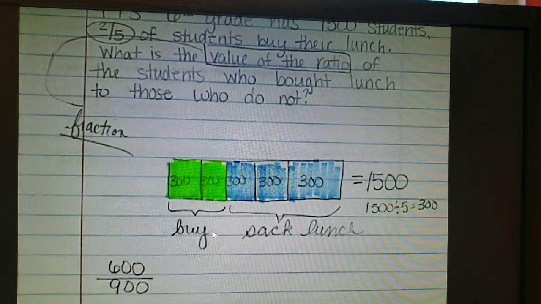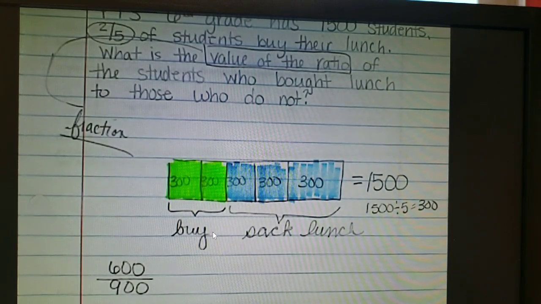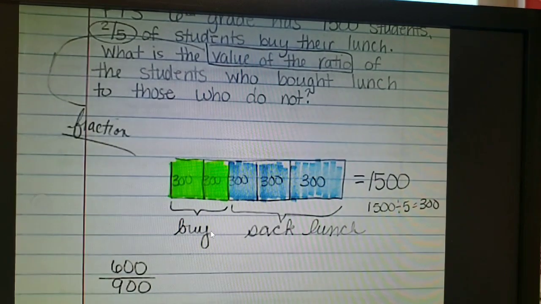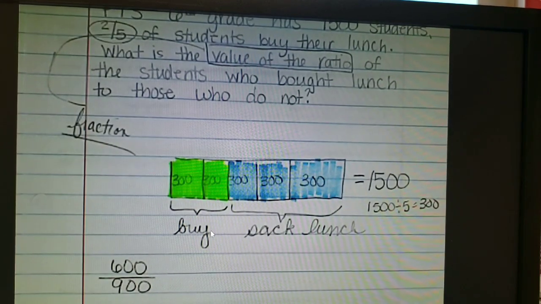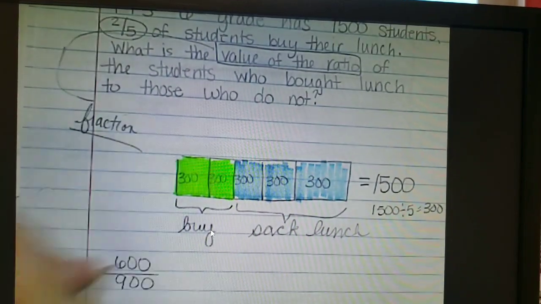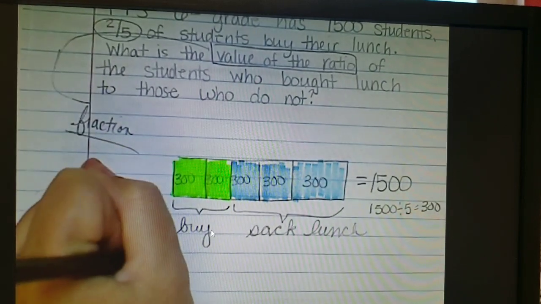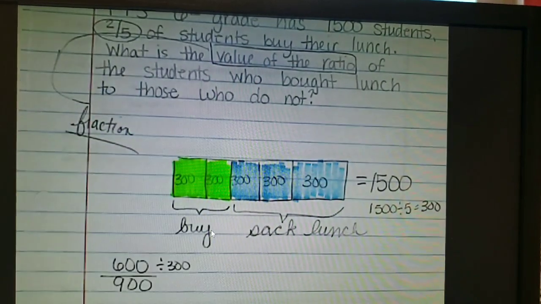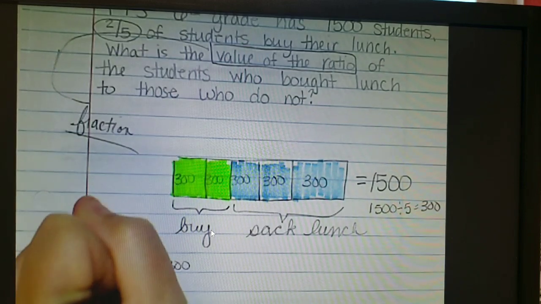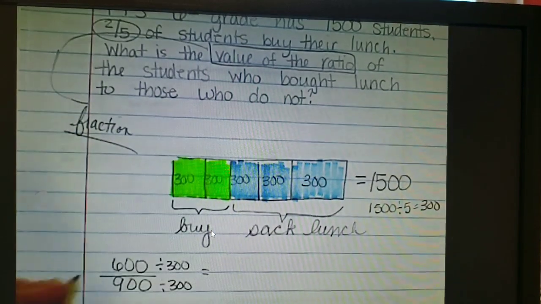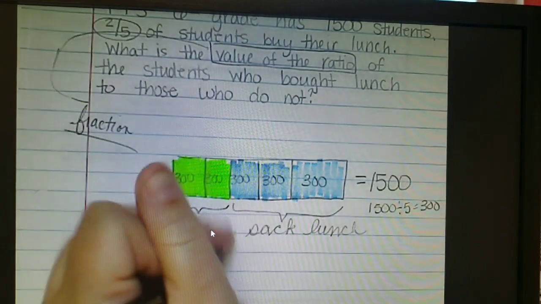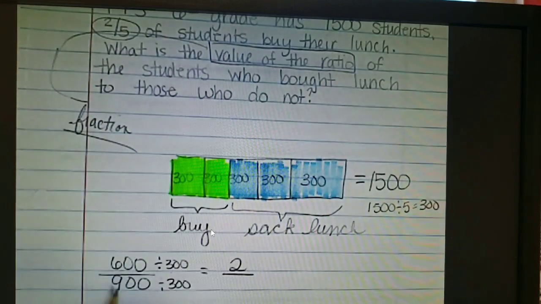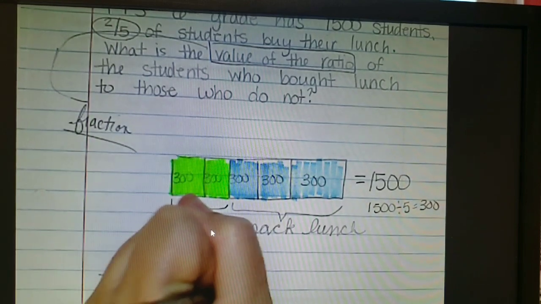So if we look at this problem, and we want to reduce this, we know that 300 can go into 600. We know that it can also go into 900. Okay, 600 divided by 300 is 2, and 900 divided by 300 is 3.